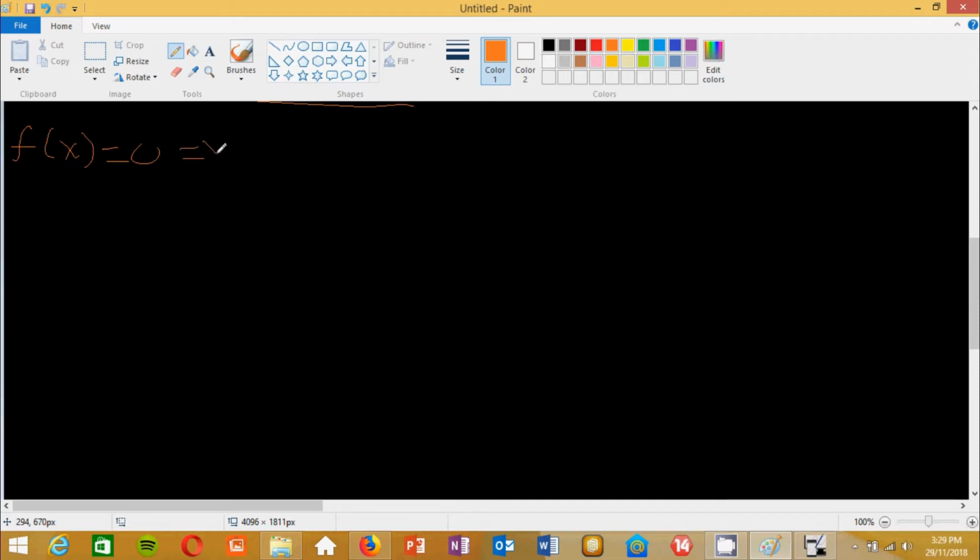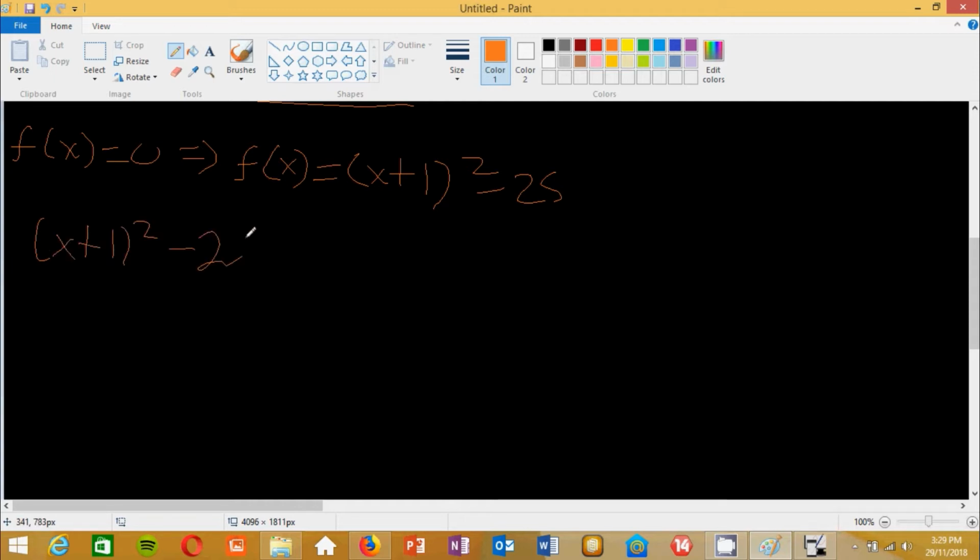So we know that our f of x is equal to (x + 1)² - 25. So what we're really trying to solve here is (x + 1)² - 25 = 0. This is what we're actually trying to solve.